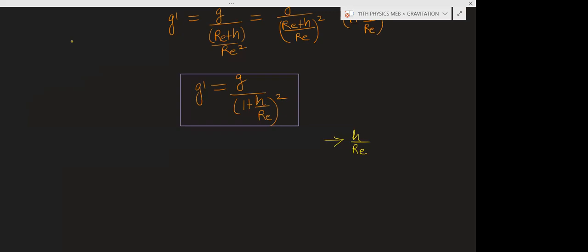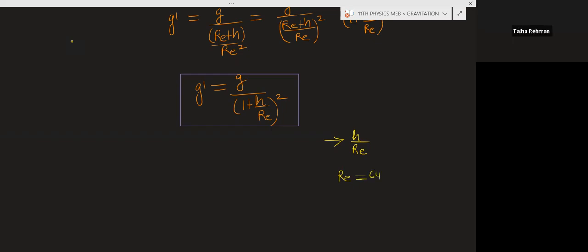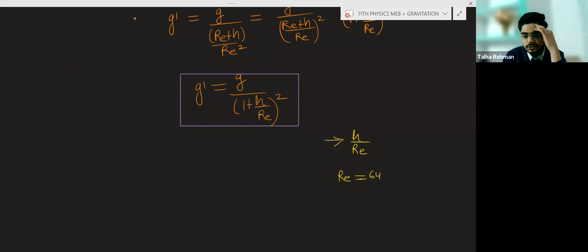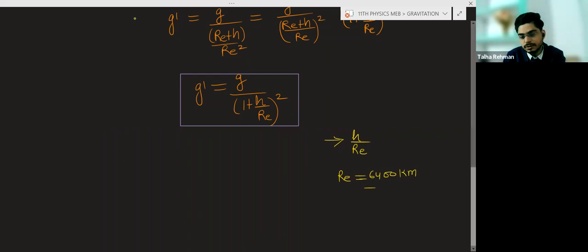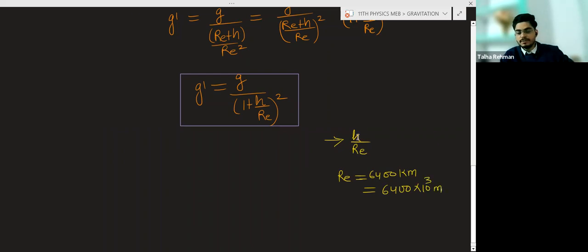Here RE is the radius of the Earth, and the radius of the Earth is 6400 kilometer. When you convert this into meter, it will become 6400 into 10 to the power 3 meter. So this RE as compared to H.